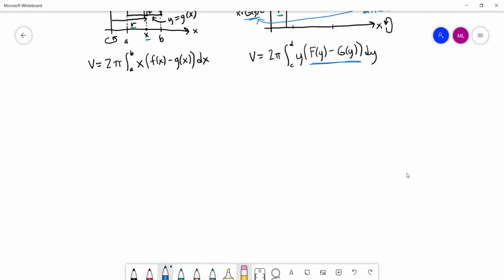Okay, so let's do an actual example of this. Let me not do it in blue. So let's do an example sort of beginning to end of one of these types of problems.